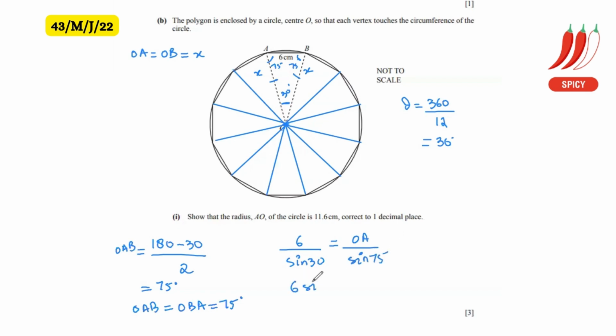So 6 times sine 75 over sine 30 is OA, and that equals 11.59 centimeters. It can be rounded to 11.6 centimeters as the question wanted. So that's your answer.